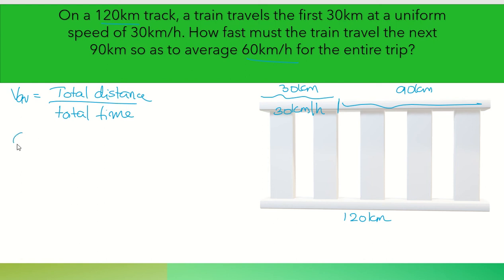V average is 60. Total distance is also given in the question, right? That is 120 kilometers. Total time t we don't know. So here we can calculate total time taken for the journey, that is 120 divided by 60, that is 2 hours. From the initial data, we could calculate what is the total time taken for the journey.